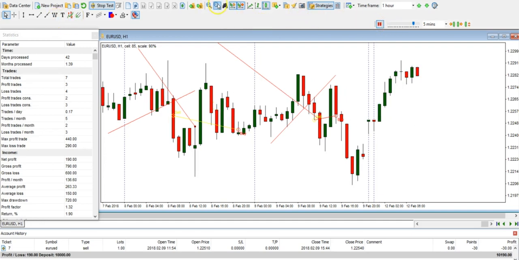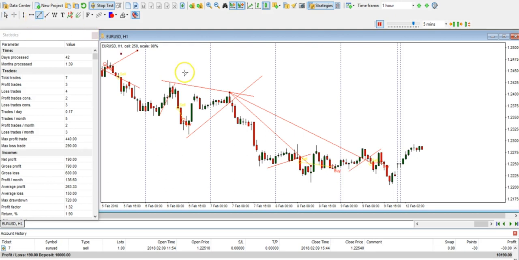Okay, so there we go. Zoom out and going to draw our lines. I can slow right down here because we've got our buy and our sell in this.